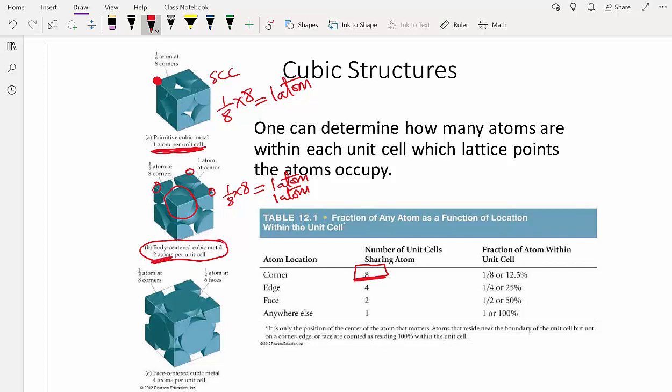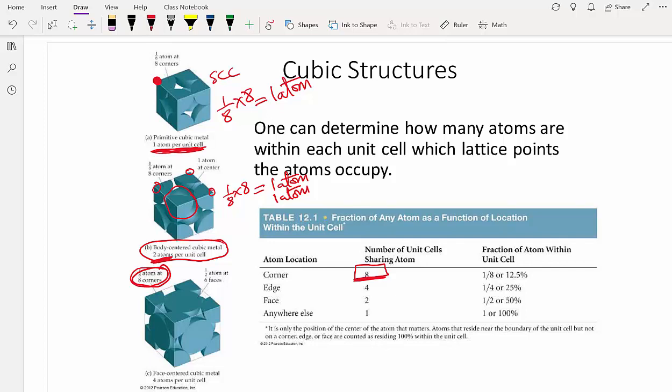In face-centered cubic structure, we have 8 atoms in the 8 corners. That will be 1 over 8 times 8. We also have 6 atoms in each of the 6 faces of the cube.